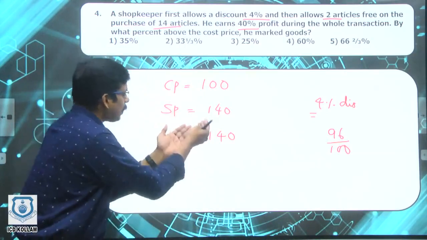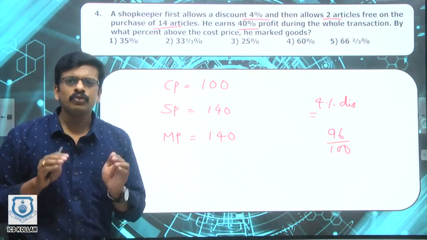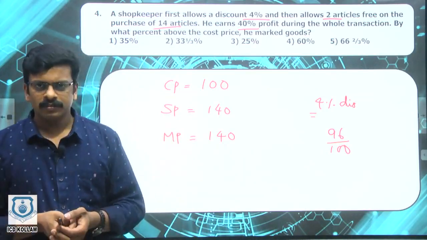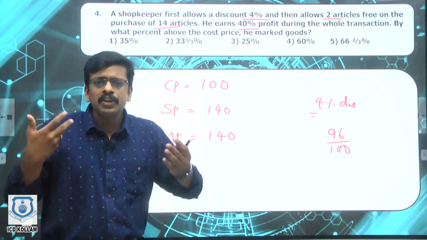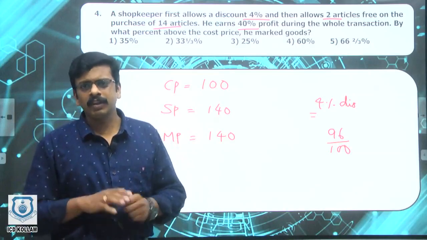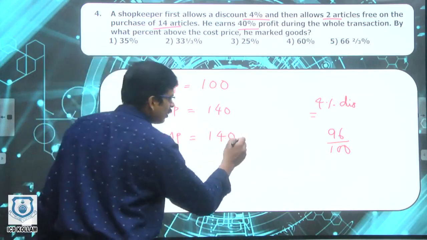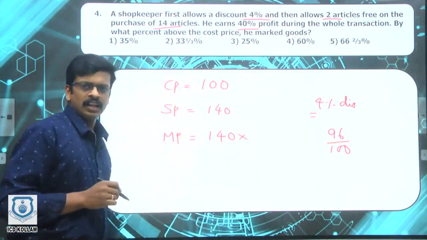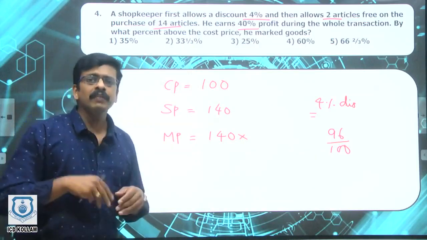But while applying that in mark price, suppose you need to give a discount, then the mark price should be higher. Then only it is possible to give a discount without further loss. So we can apply that fraction in such a way that we need to give a discount.